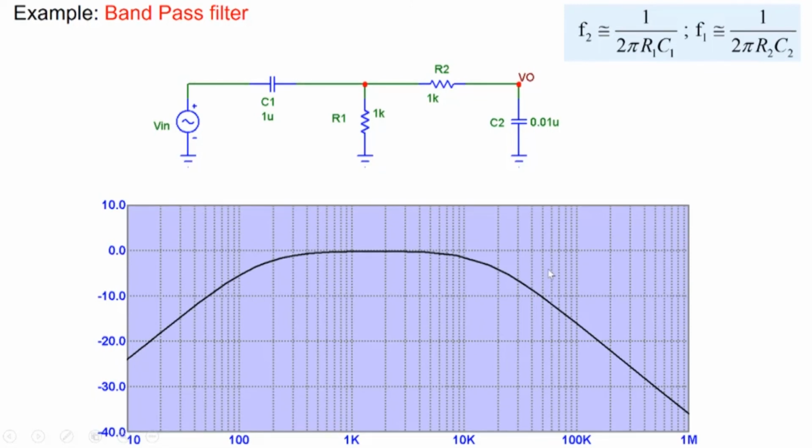So this is just a simple way of illustrating that by taking elementary sections like this, a high pass section and a low pass section, we could combine them together and build more complex filters. We could have also taken, for example, two low pass sections, an R1C1 and an R2C2, and both of them are low pass filters, so they would have combined to give us another low pass filter.